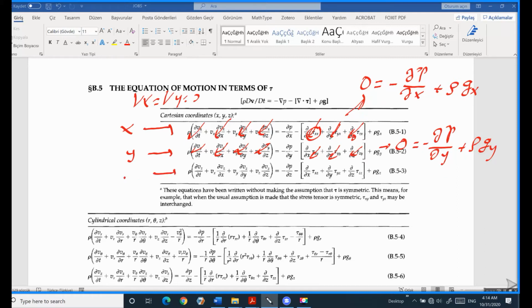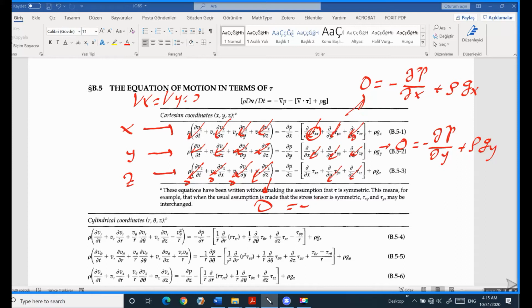Coming to the z direction, this time this term is 0 because it doesn't depend on time, and Vx is 0, Vy is 0. The partial derivative of Vz with respect to z is 0 because of the continuity equation. At the right side, this is going to be 0, it's going to be 0. On the left side, we get 0.